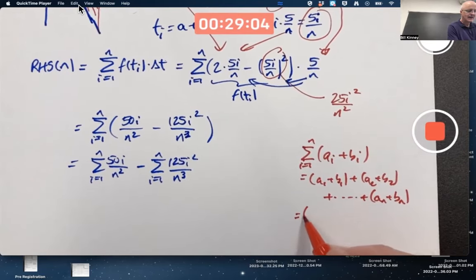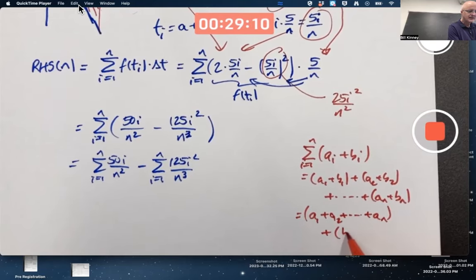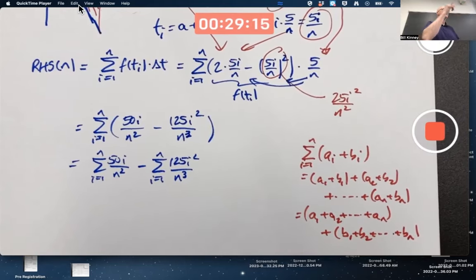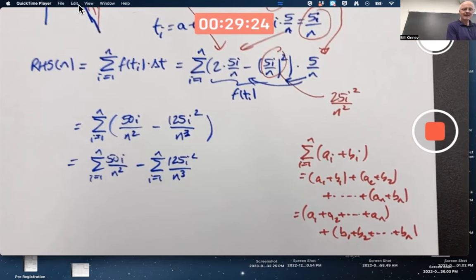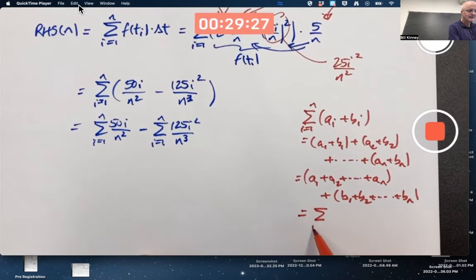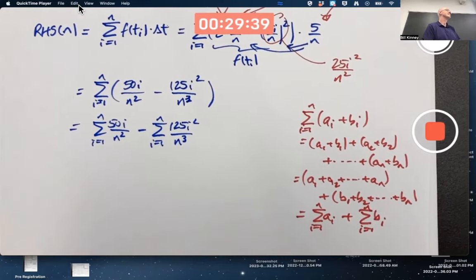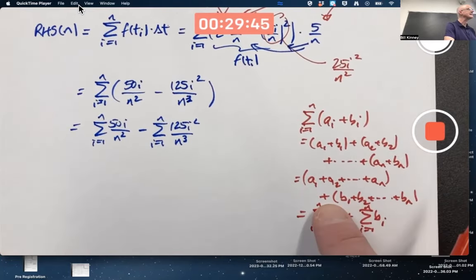I can write this as a1 plus a2, etc. through an plus b1 plus b2, etc. through bn. That's just commutative property of addition, for example, the fact that 6 plus 2 equals 2 plus 6 allows you to switch things around. And the sum of the a's is this one in summation notation, and the sum of the b's looks like this. That's effectively what I used here, except with a minus sign instead of a plus sign. But I could have put a minus sign there and minus signs at each of those spots, and I would have had a minus sign there.